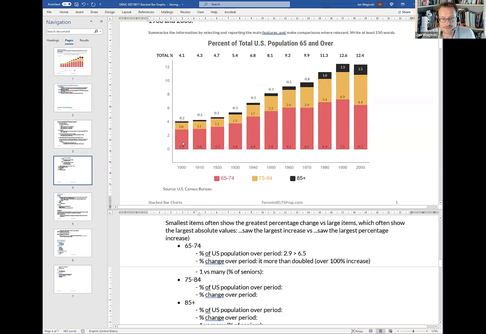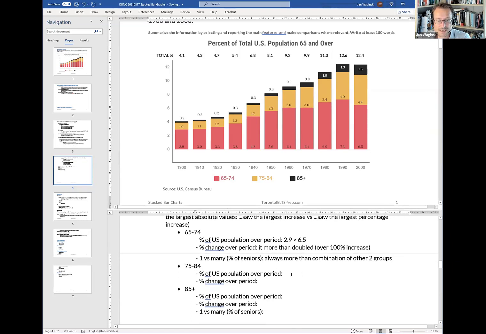If we look at the first year, the two oldest groups add up to 1.2, significantly lower than 2.9. That's kind of where the trend has been going, and that's an observation that you can describe: always more than the combination of the other two groups. That's just an observation.